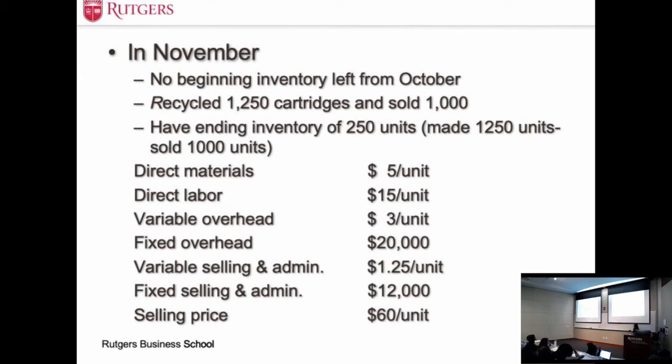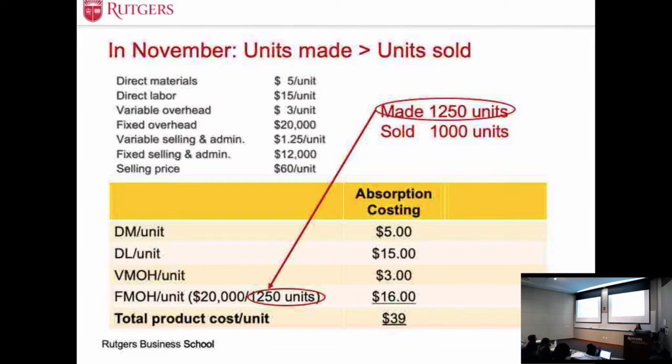So to calculate the unit product cost, we just need to sum all components of the product cost. Under the absorption costing, the components of the product cost are DM, DL, and all overhead, including the variable and the fixed part. For the variable part, the information is given.